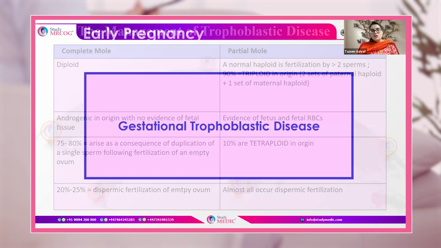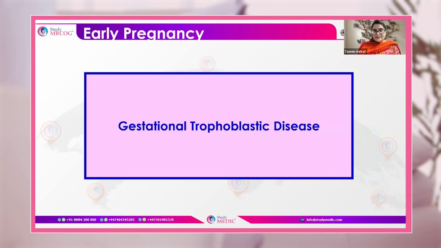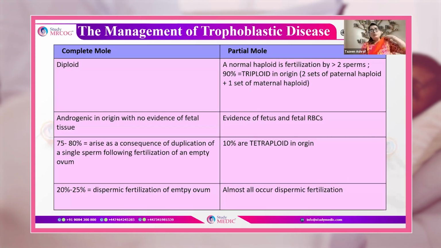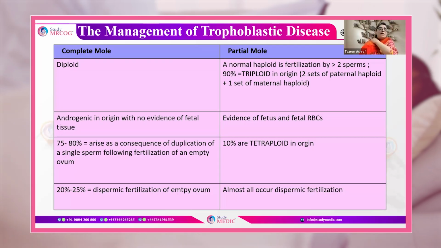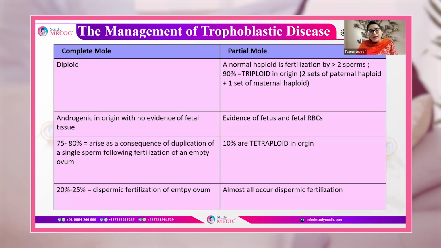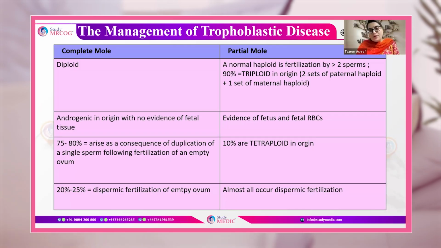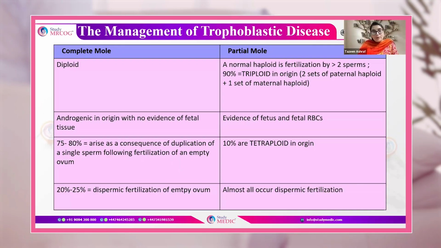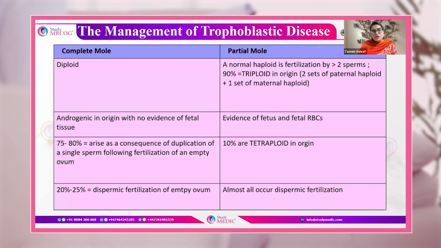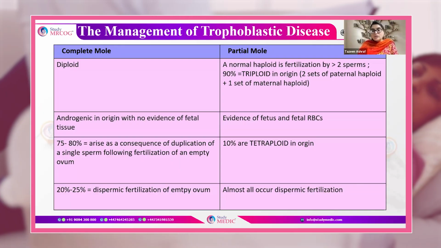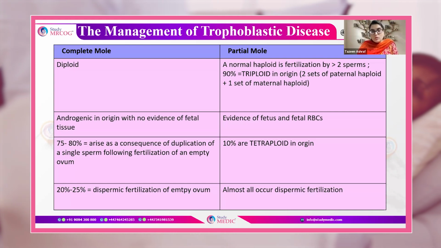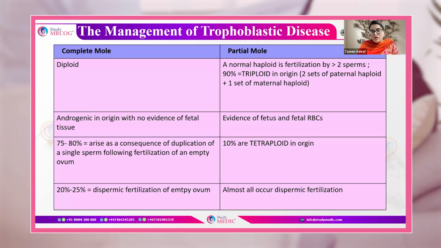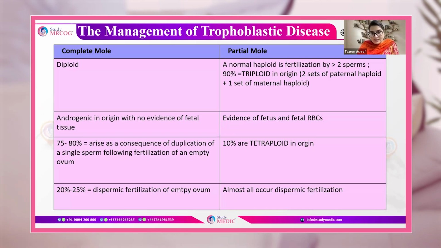Then there comes gestational trophoblastic disease. This can be complete molar pregnancy or partial molar pregnancy, and differentiating the two is your exam question. Complete molar pregnancies are diploid pregnancies, androgenic in origin, 70 to 80% as a consequence of duplication of a single sperm following fertilization of an empty ovum, and 20 to 25% are dispermic fertilization.